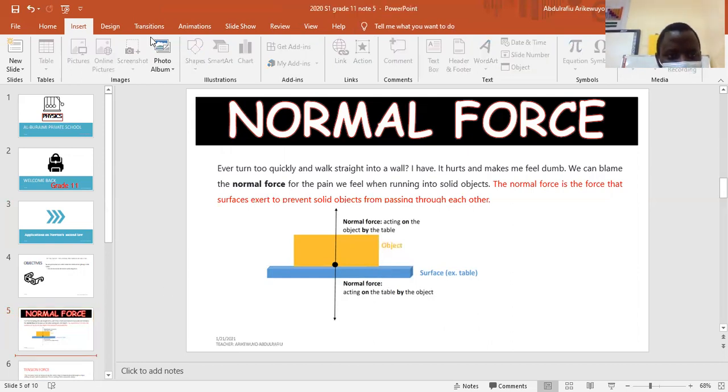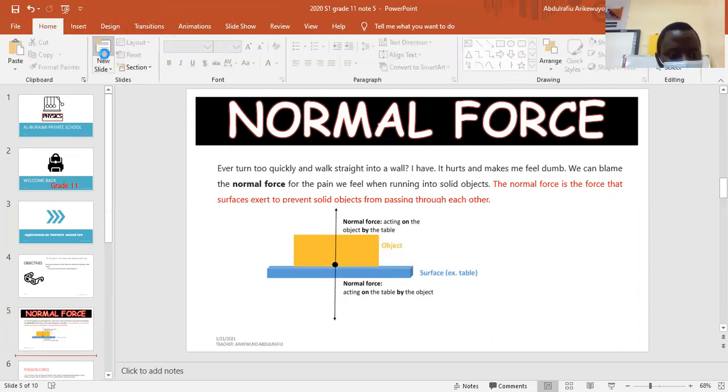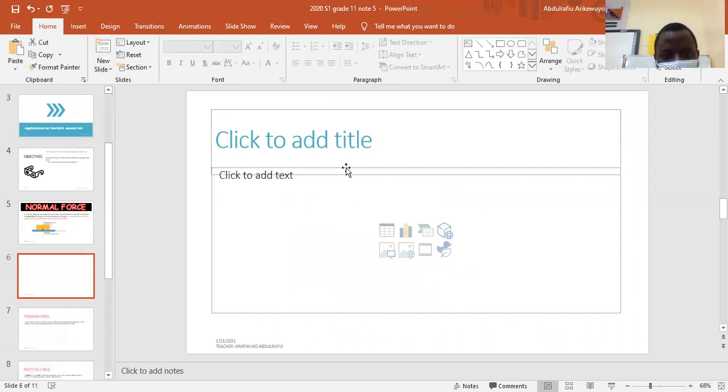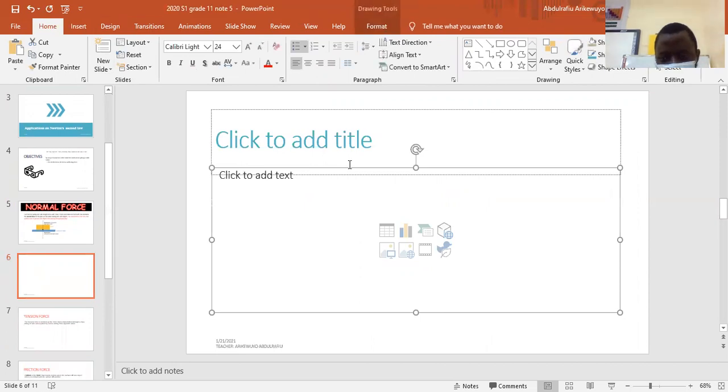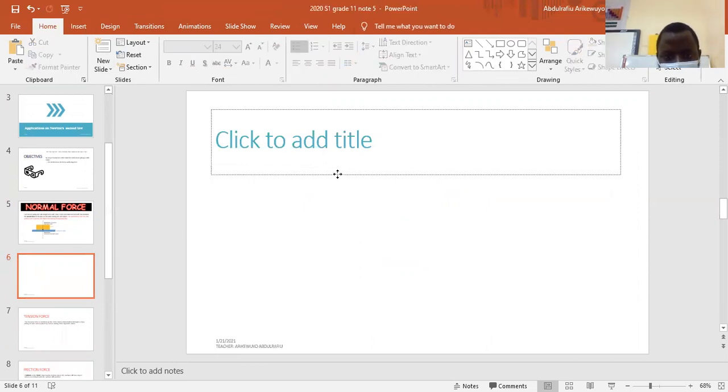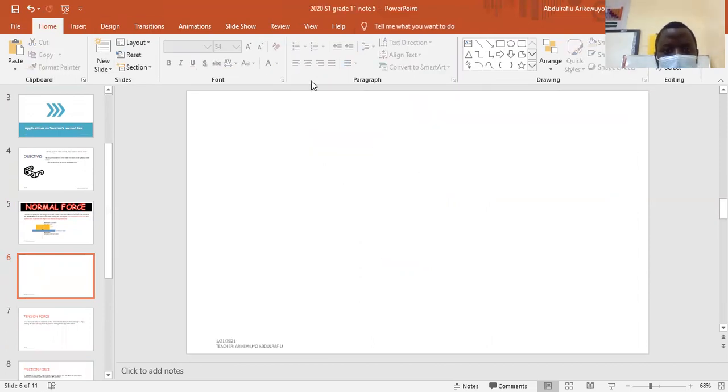Let me explain this in better detail for a better understanding. Again, let's say we have a table, standing like this.